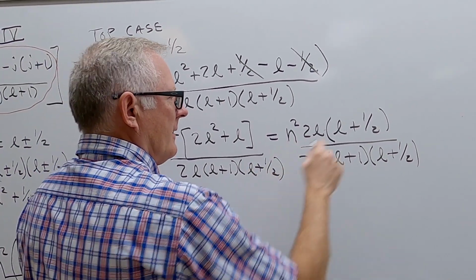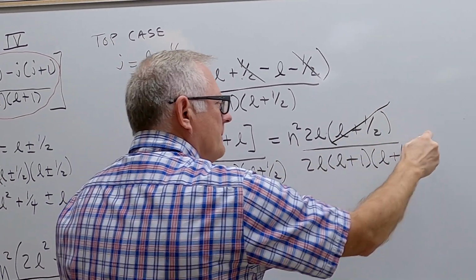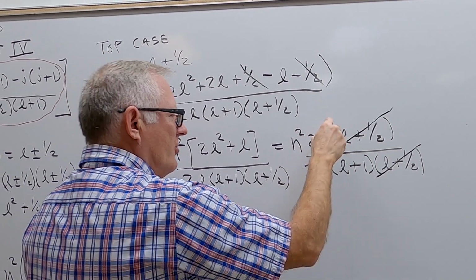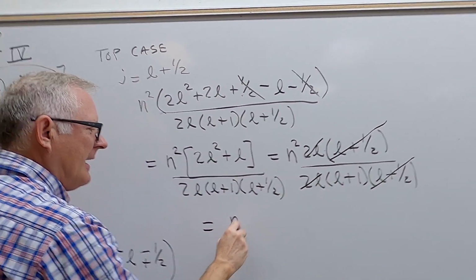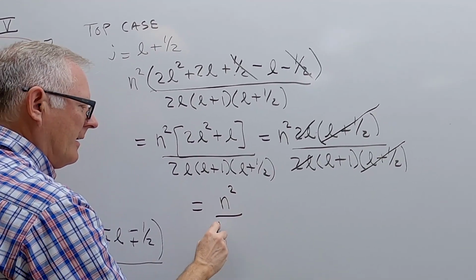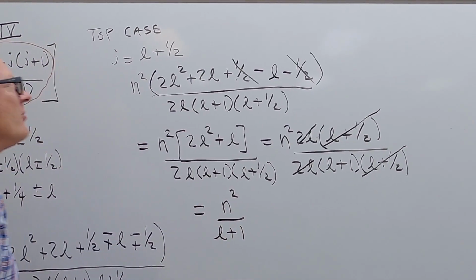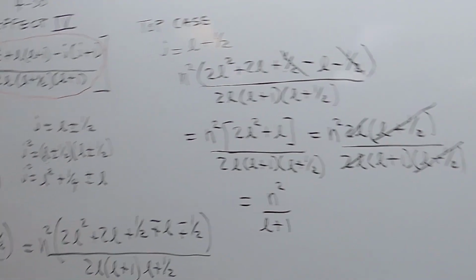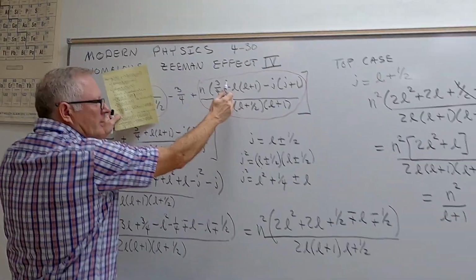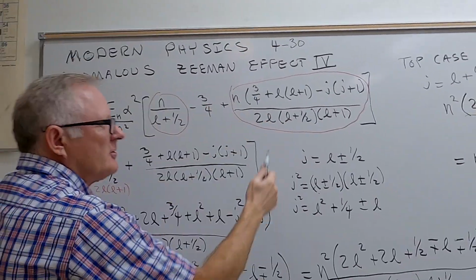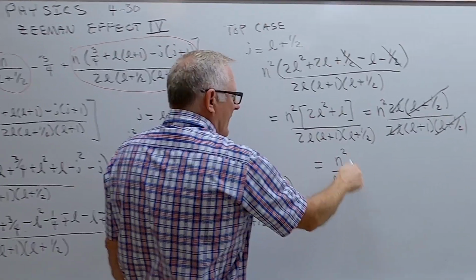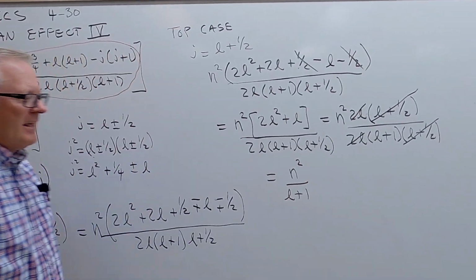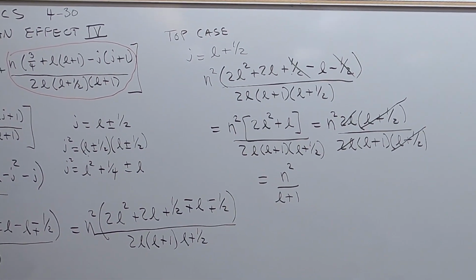Well, the L plus 1 halves drop, the 2L's drop, and so this just becomes n squared all over L plus 1. So these two terms, for the case when J is L plus a half, that whole thing just knocks down to n squared over L plus 1.